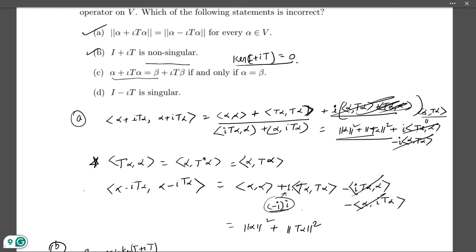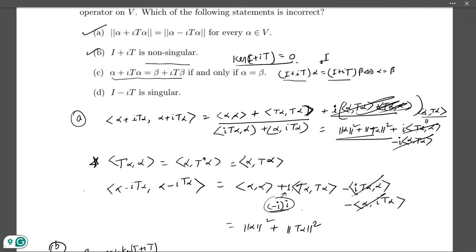Now what is written here? I plus IT alpha equals I plus IT beta implies, if and only if, alpha is equal to beta. But this is correct, right? Because I plus IT is invertible. For example, assume that V is finite dimensional, okay? Then I plus IT is invertible. Send them both to one side.